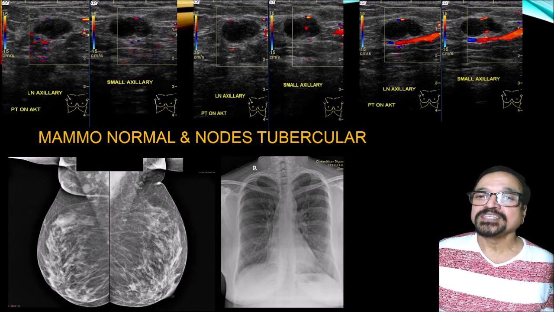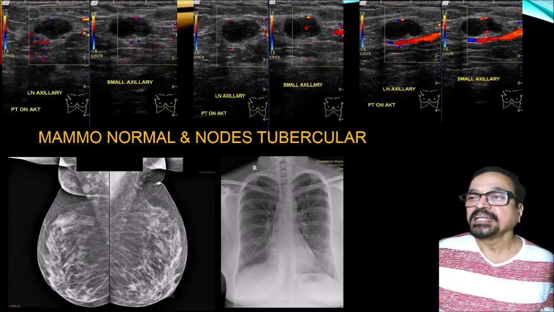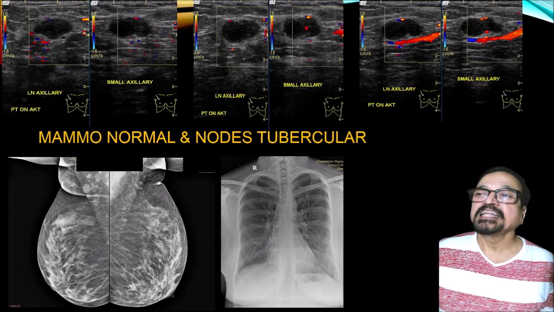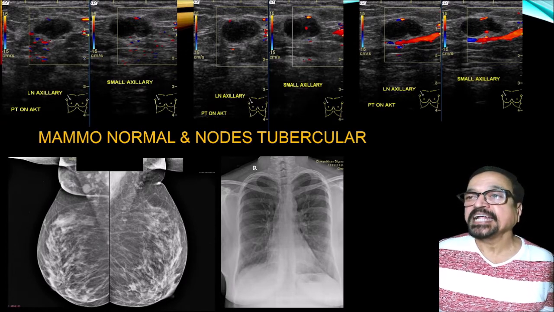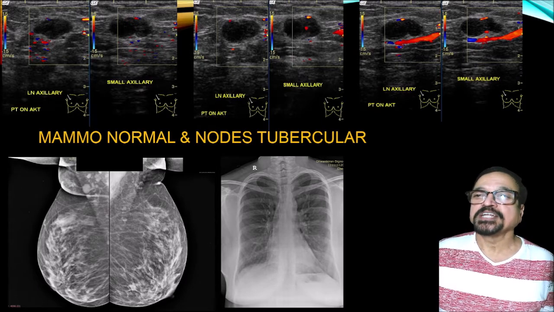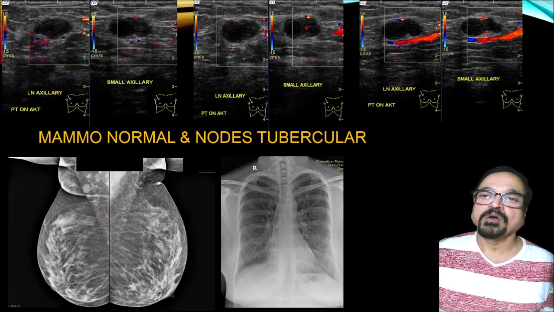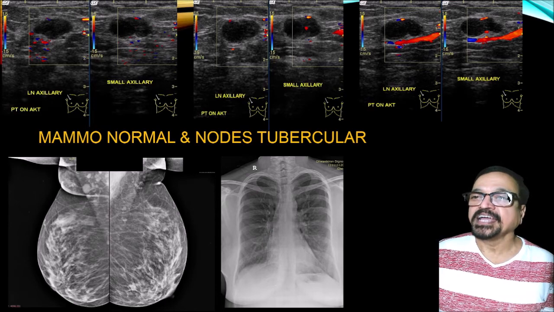Here we have a case which was proved to be tubercular, because the patient was on AKT and we can see the lymph nodes showing the characteristic features. They are not benign, they are inflammatory. The patient was on AKT, which confirmed that they were of the same etiology, that is tuberculosis, extremely common in certain parts of India.